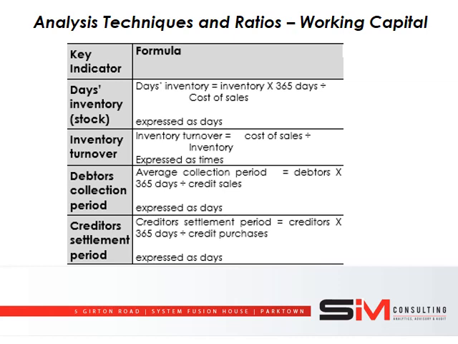Creditors settlement period, the formula for that is creditors divided by credit purchases multiplied by 365 days expressed as days. Meaning, when your days to settle your creditors is higher, that is good news for the business.